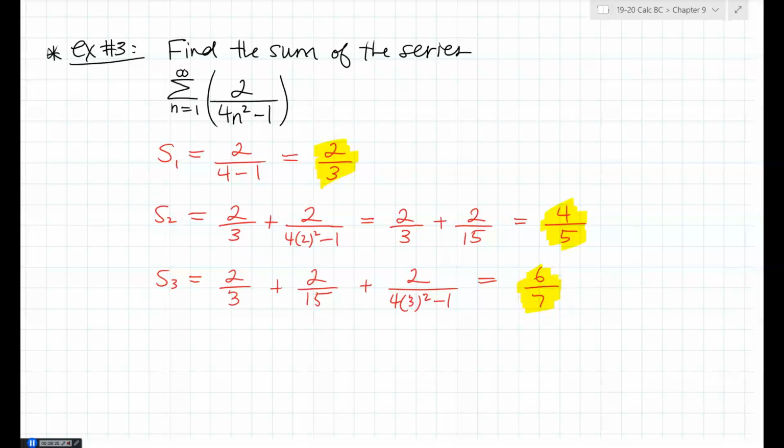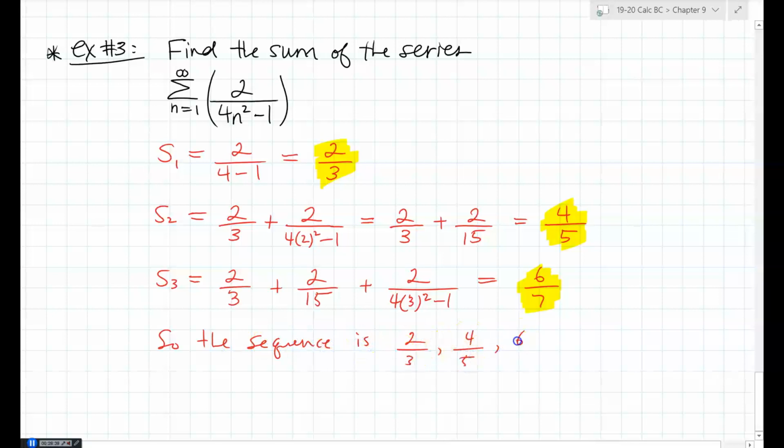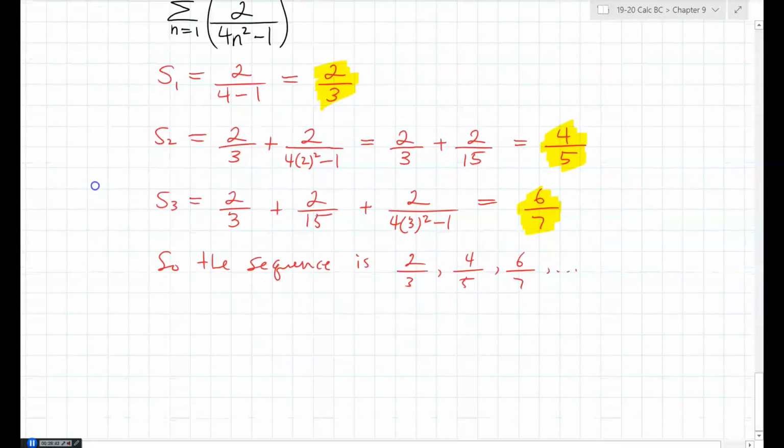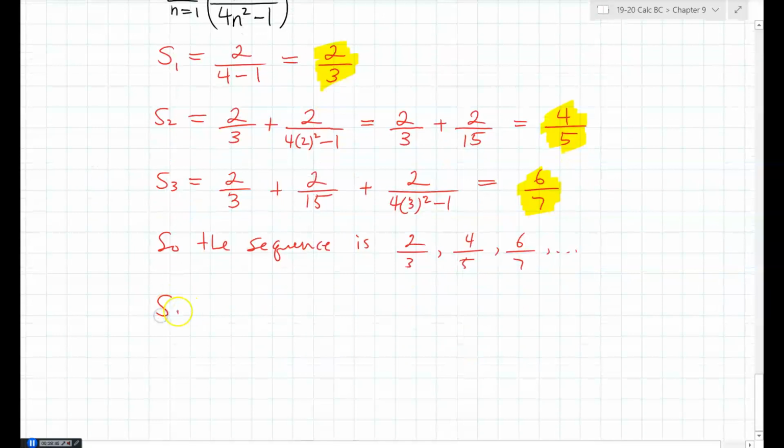So my sequence is 2/3, 4/5, 6/7, et cetera. So what's S sub n?